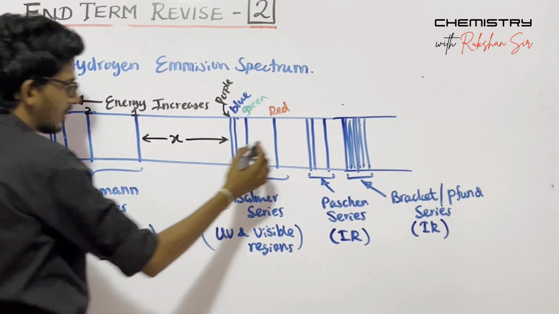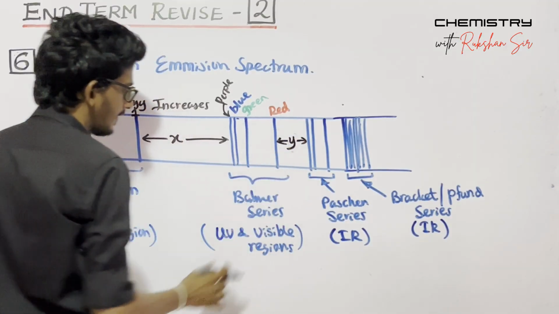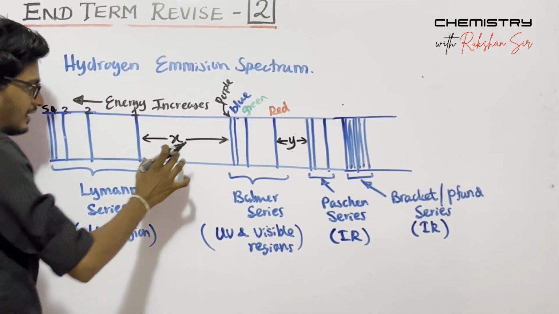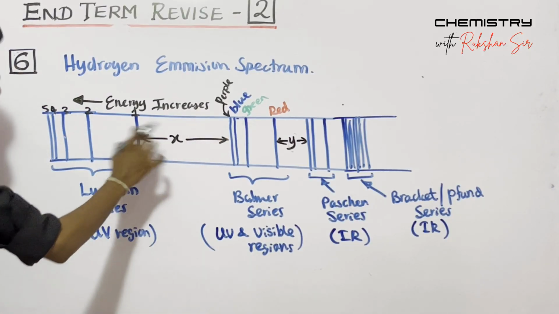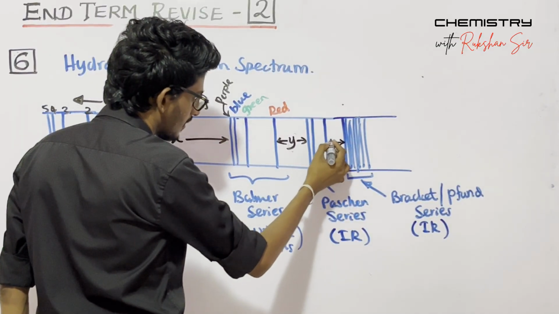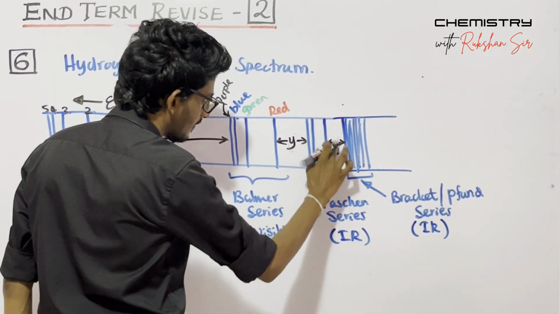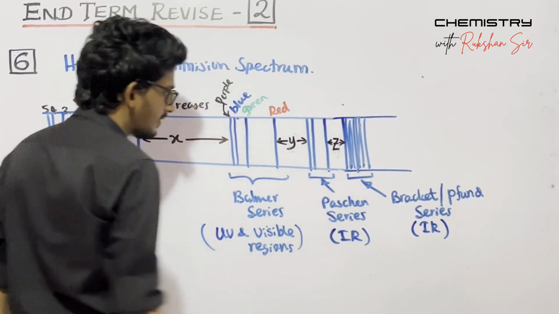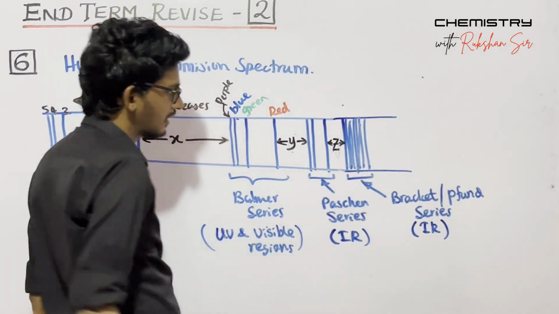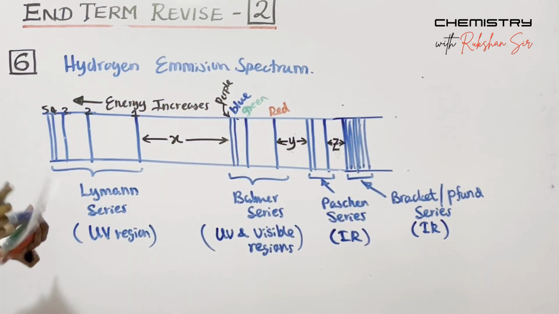The distance between spectral series decreases. So ultimately, Brackett and Pfund get overlapped. So that is the idea.